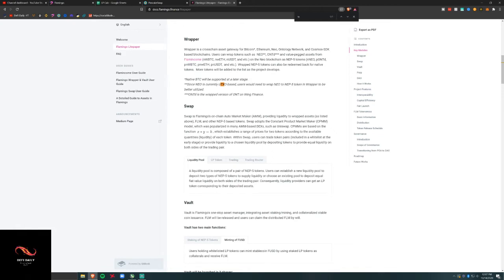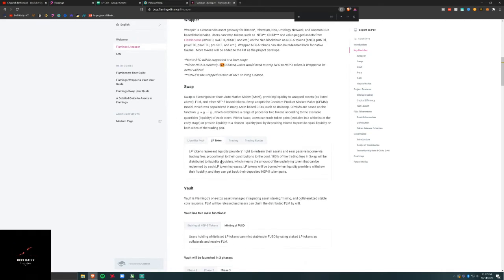You put in two equally valued tokens, NEP5 at that time. In return, you get this LP, liquidity pool token, and 100% of the trading fees in that pair on Flamingo Finance go towards the liquidity pool token providers.